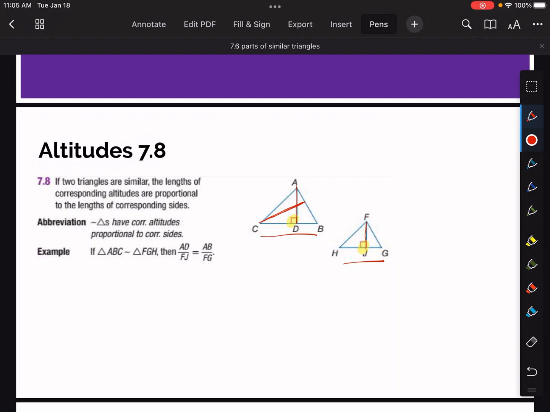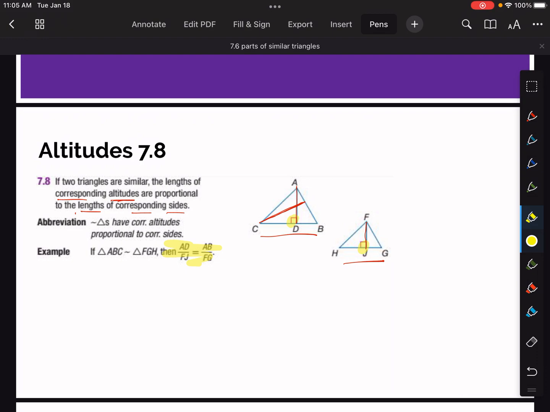Well, the first theorem, 7.8 here on altitudes, states this, that the length of the corresponding altitudes are proportional to the lengths of corresponding sides. Okay, so the best way to see this is to look at the example here.